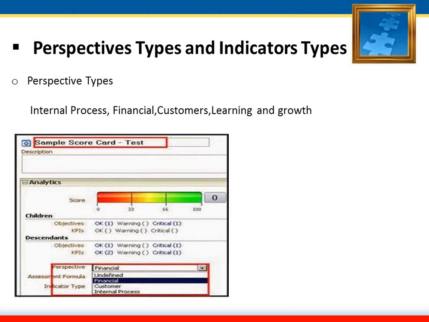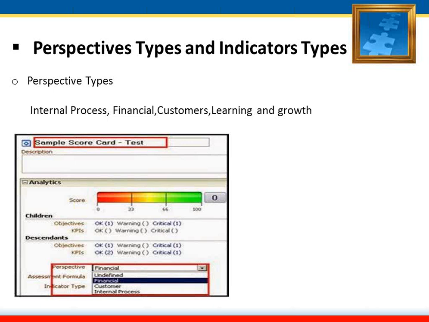And financial, which supports the corporation for the development of the organization. And customer, which is mainly for the client, to improve the performance of the organization. And learning and growth, which supports employee training to develop the organization's status. So this is about the perspective types.